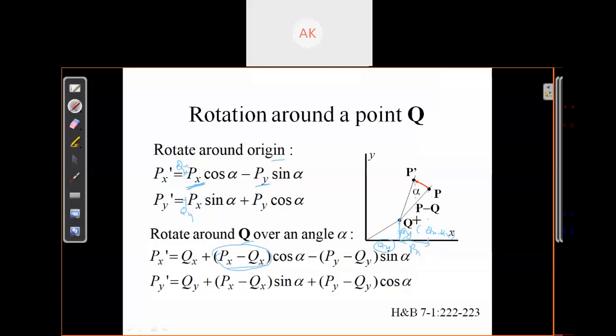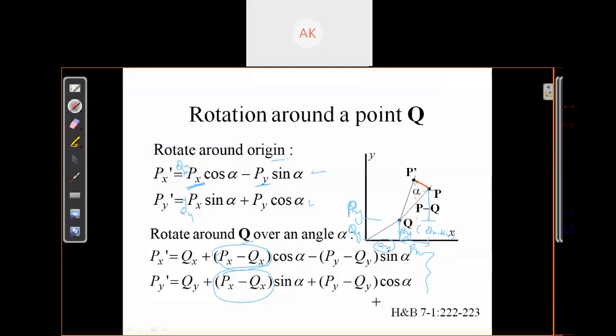In the same way, this is your py and this is your qy; when you subtract py minus qy, you get this. So you just substitute these values into your equation. When your rotational point is the origin you get one equation, and when it is some point Q you get this one.